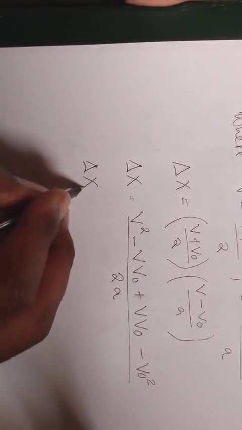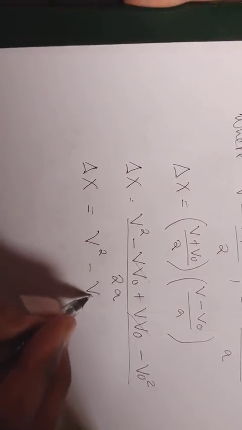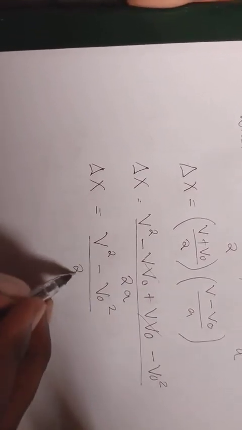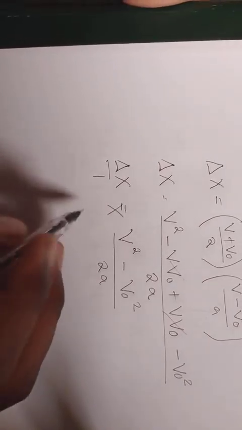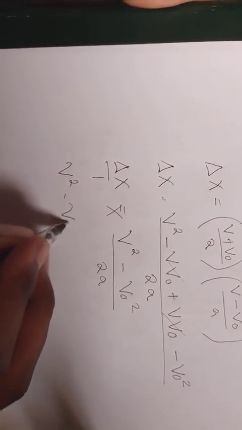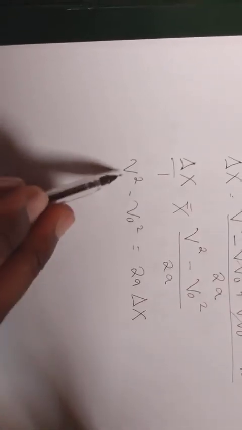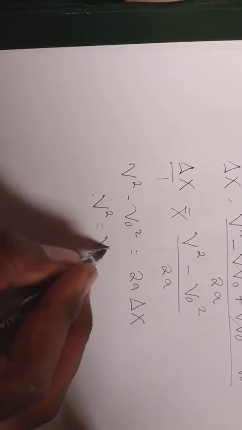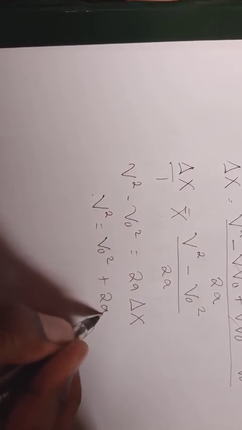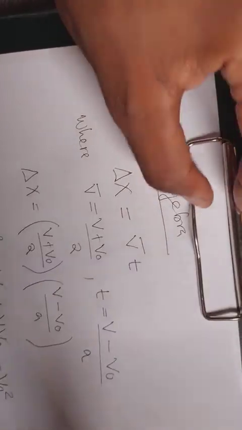So therefore your change in x is equal to, this and this are going to cancel out. So you have v squared minus v0 squared divided by 2a. So you can now cross multiply to make v squared the subject of the formula. So you get v squared minus v0 squared is equal to 2a times the change in x. So if you make v squared the subject of the formula, you take this on the other side. So you get v squared is equal to v0 squared plus 2a, and then where there is change in x, it's x minus x0. So that's how you come up with that equation using your algebra.